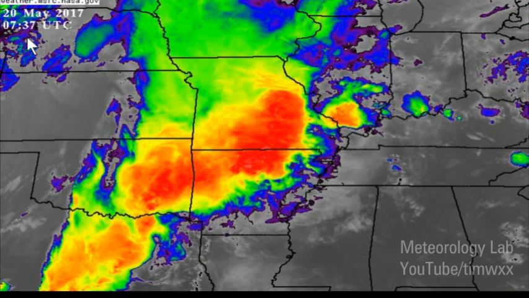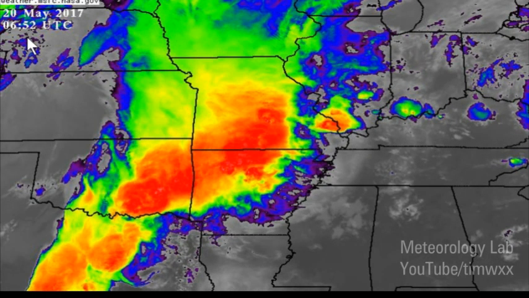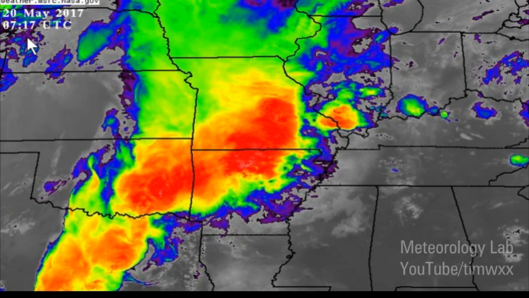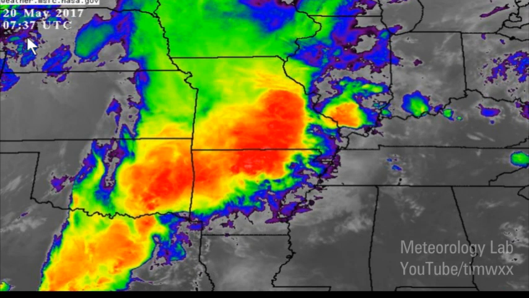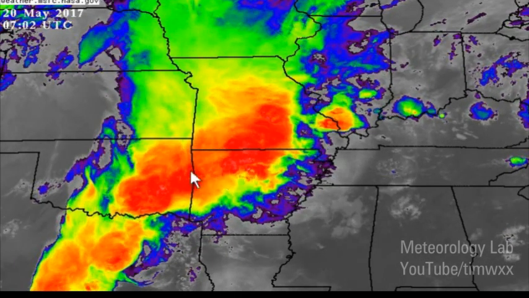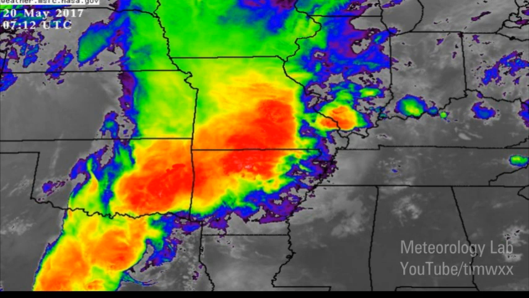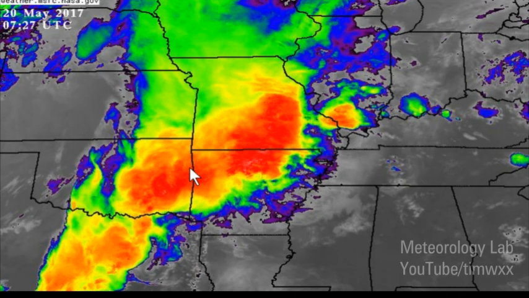Before that, we were lucky to get every 15 minutes, and I think years ago it used to be every 30 minutes. So this is a great improvement. We can really use this to track the hot spots to find where the towers are. If we don't have good radar coverage somewhere, or if the radar network goes out, we can rely on this to see what the cells are doing.